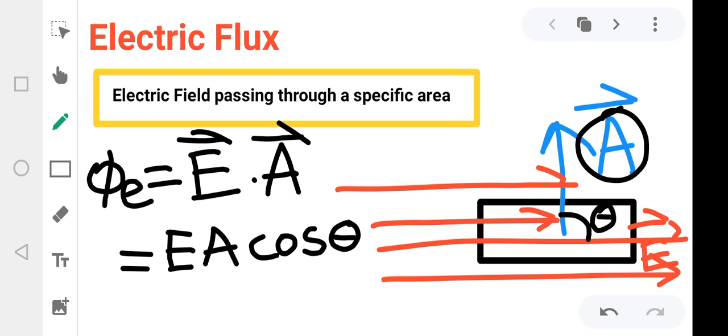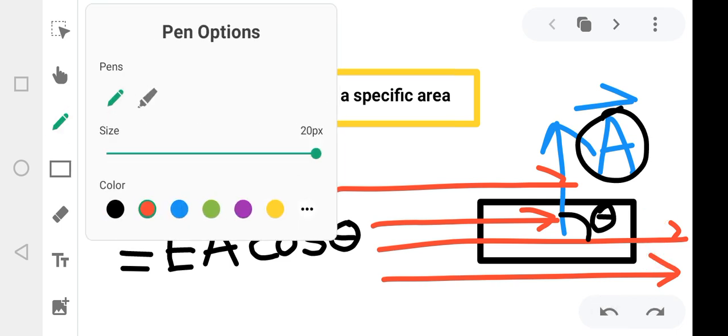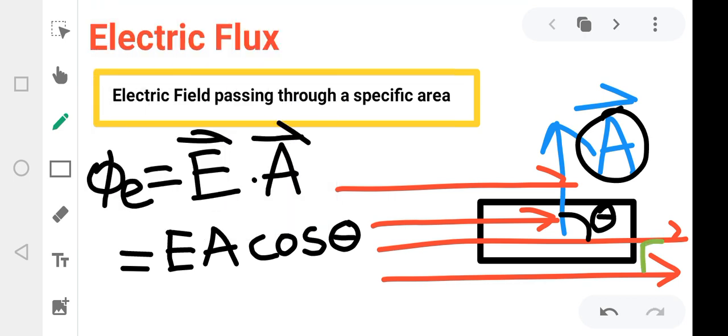So if we solve this particular example, let me use another color to elaborate it well. I will use a green color here. These lines are representing the electric field lines, and these are basically showing the electric field intensity. So what is the angle between the area and the electric field?